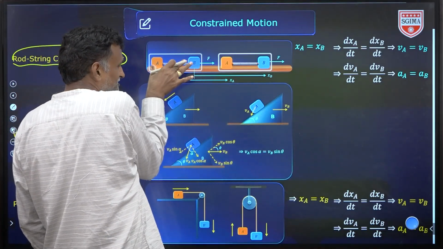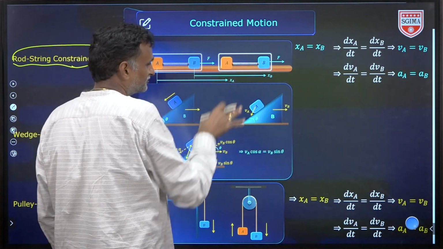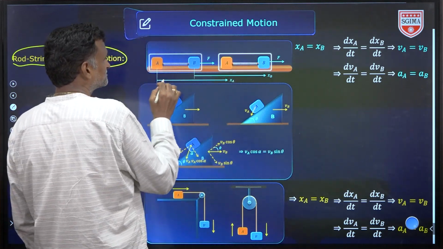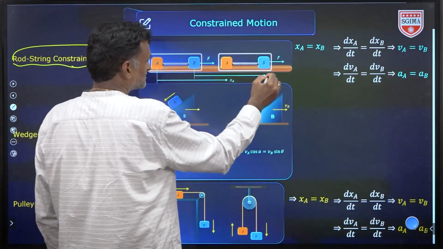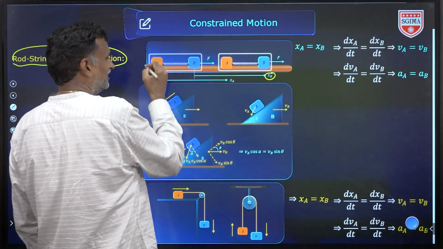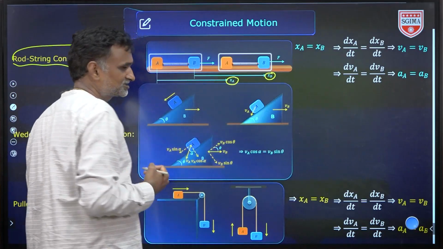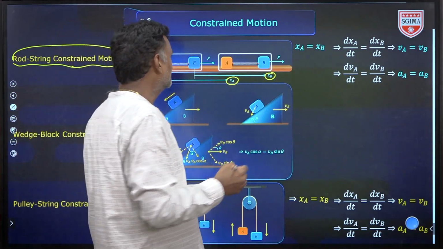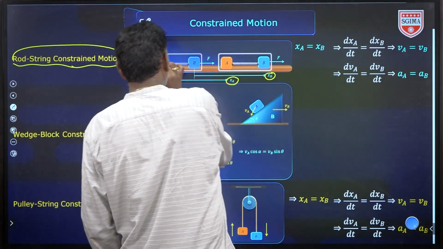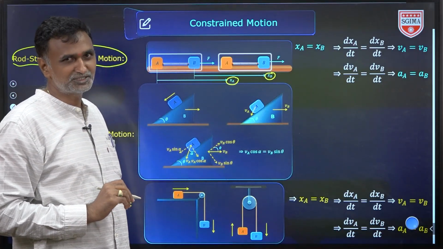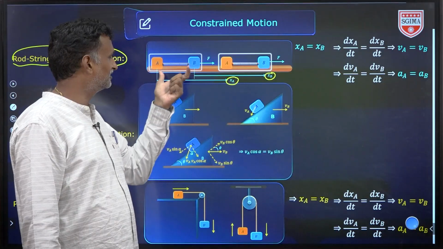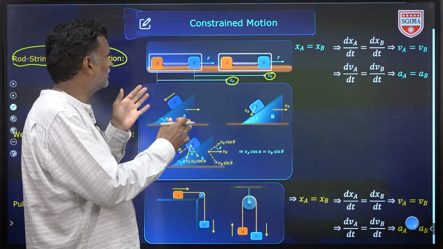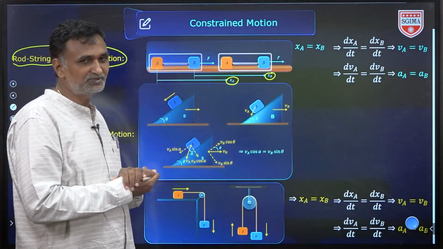Suppose these are the initial positions and these are the final positions. Now, let us pull this one up to a certain distance. Then B has travelled xb distance and A has travelled xa distance. The distance between A and B in both positions is the same. Being a heavy thick material, it won't allow them to move separately in between.